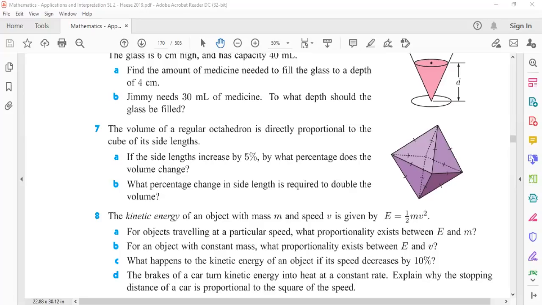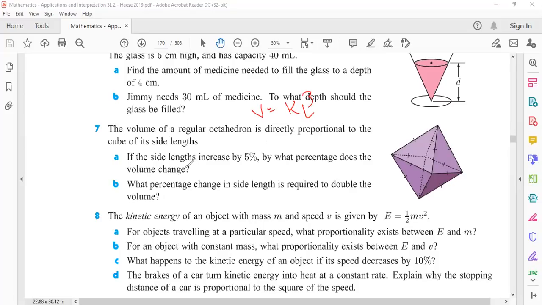Could you solve 7 for me? V is equal to KL cube.